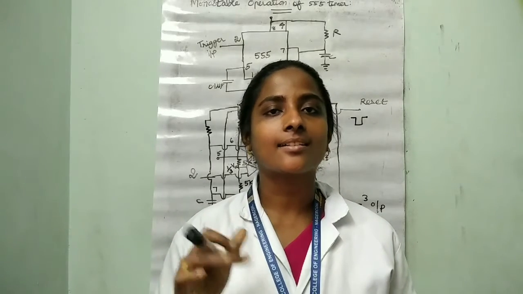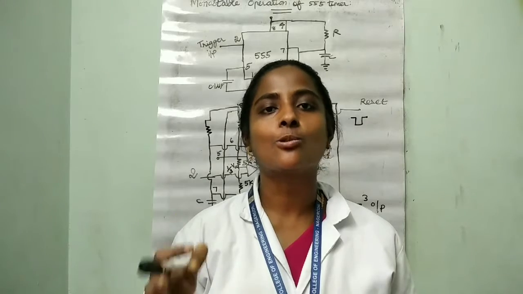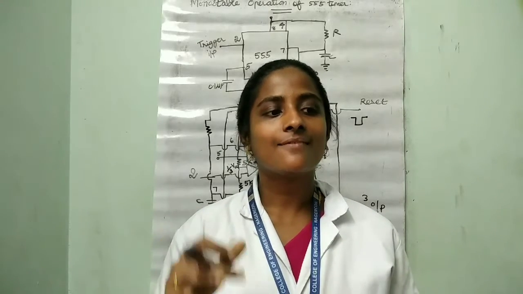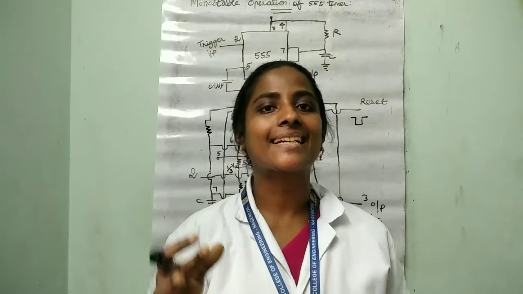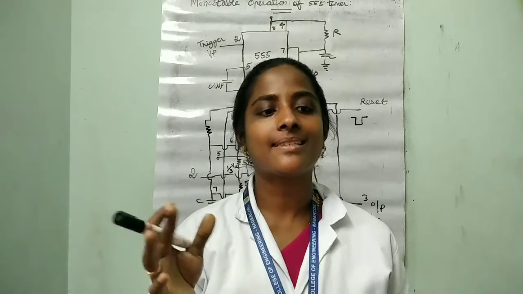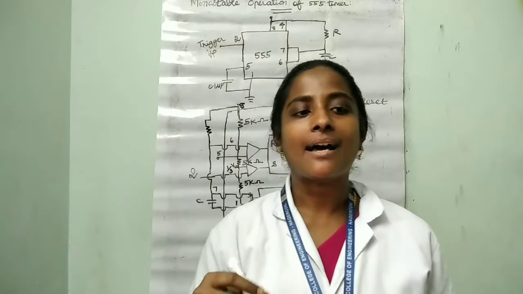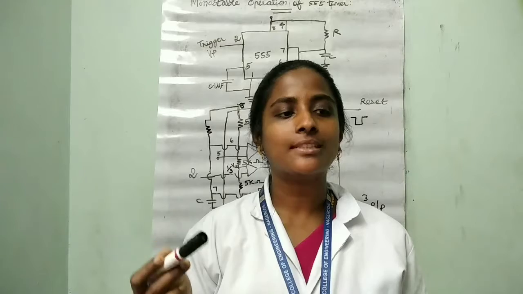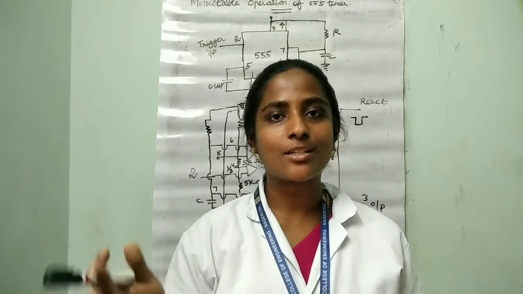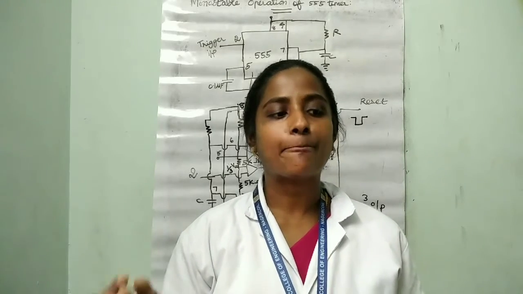The voltage across C rises exponentially through R towards VCC through a time constant RC. After time T, the capacitor voltage is just greater than 2 by 3 VCC, and the upper comparator resets the flip-flop.